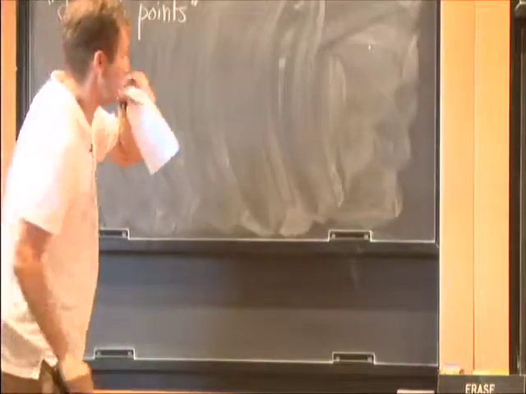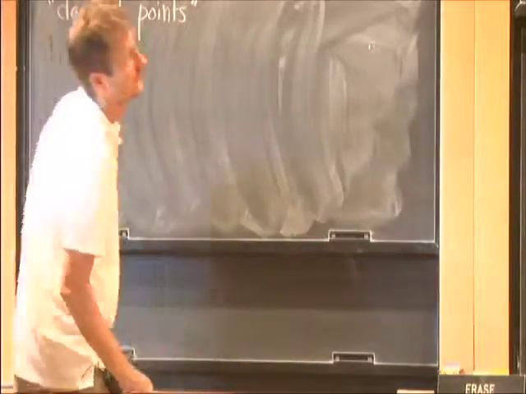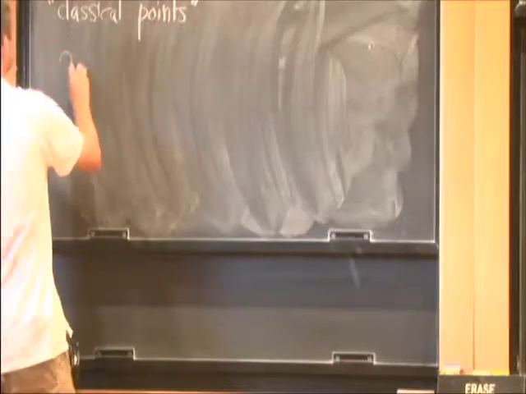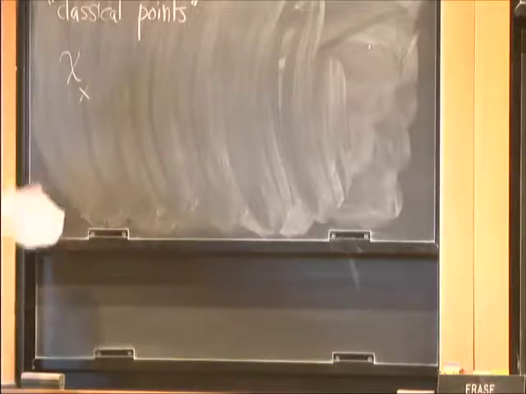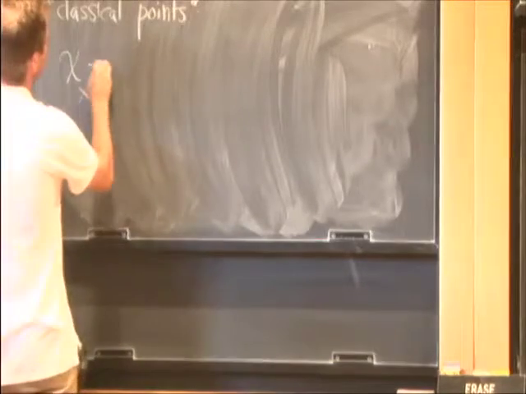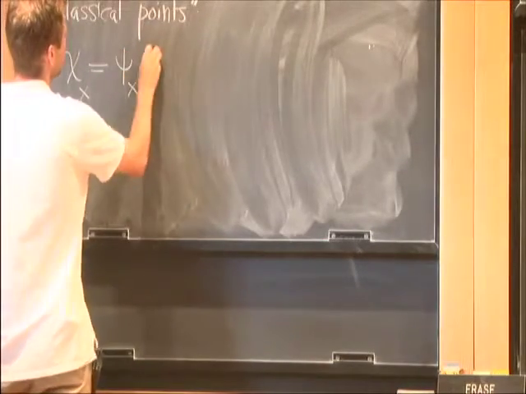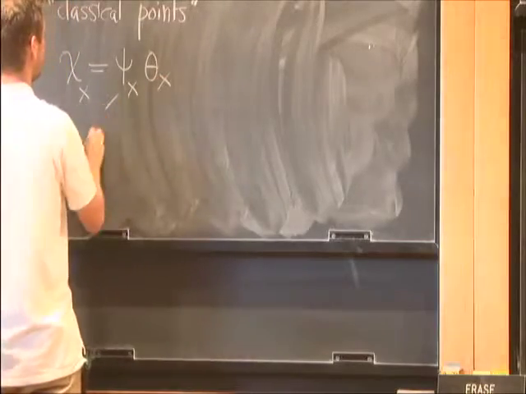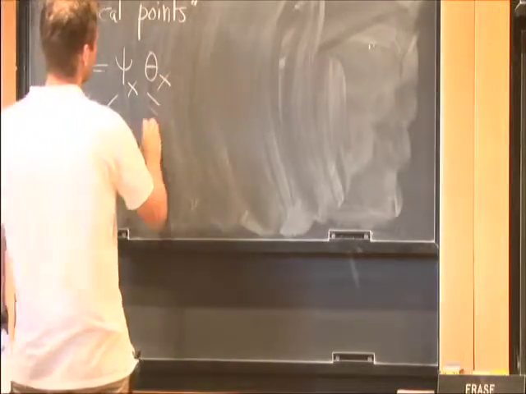So what do I mean by classical points? It means, first of all, that we look at chi x, and that should be a locally algebraic character. So it should be some algebraic character and some smooth character of the torus.